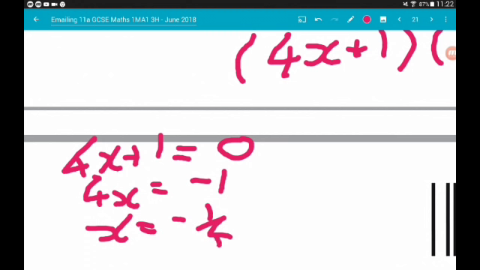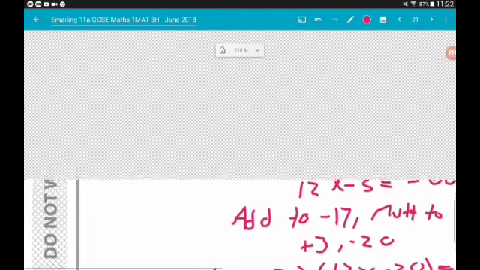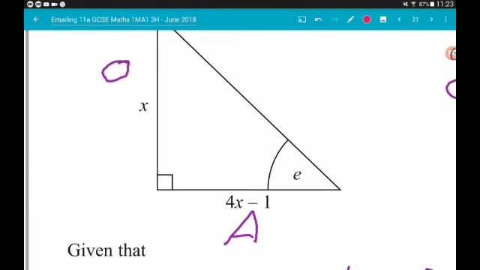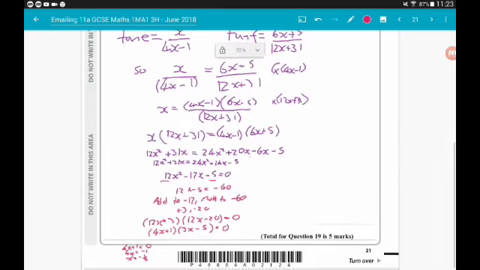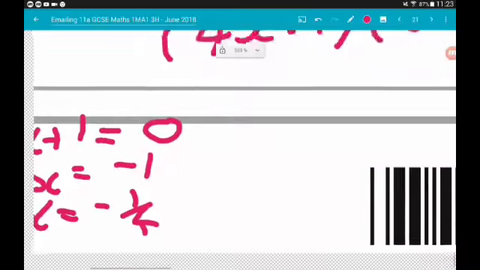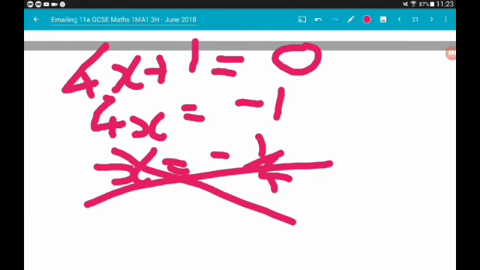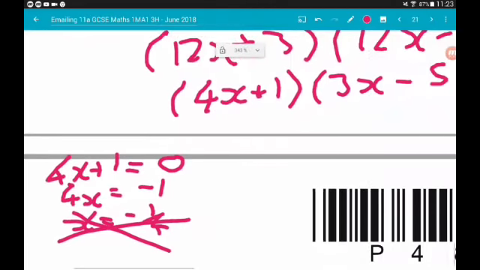However, stop and think about that. Remember, x is a length of the triangle on the left, so x cannot be negative. Length is definitely always positive. So that is not a valid solution.